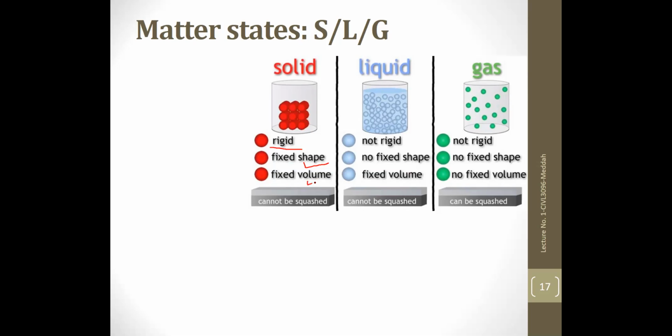Also the volume is fixed. If you have, I don't know, 1 meter cube or a half meter cube of this solid material, the volume stays the same, it does not change if you put it in another container or another mold or whatever. However, if you look at the liquid state of the material, of course liquid is not rigid, it's not hard.